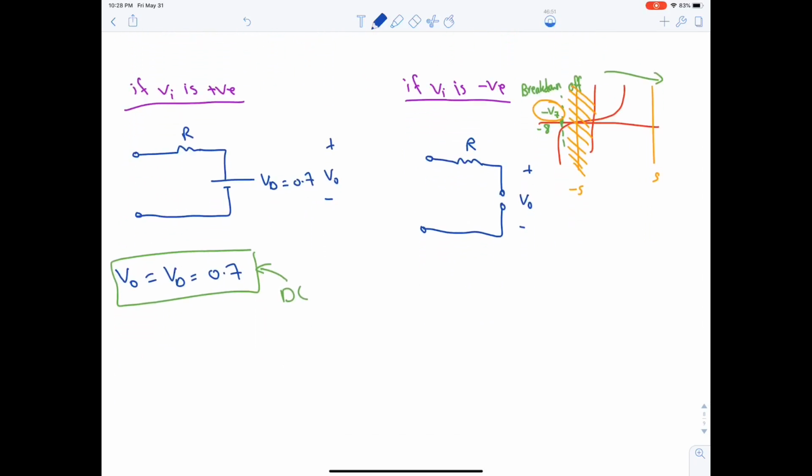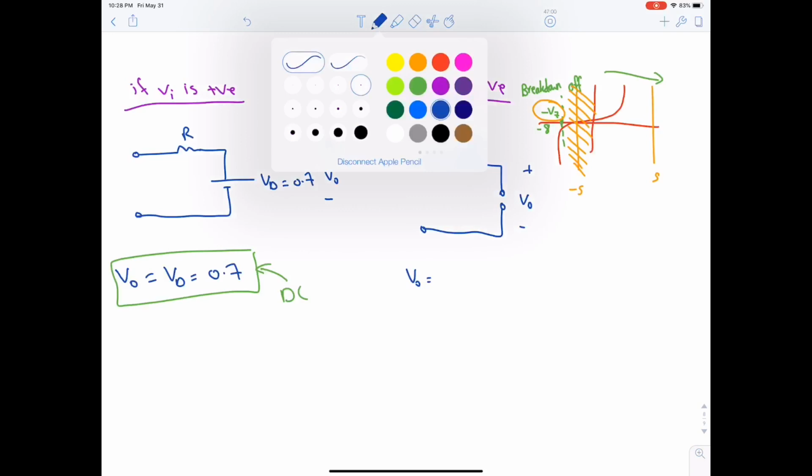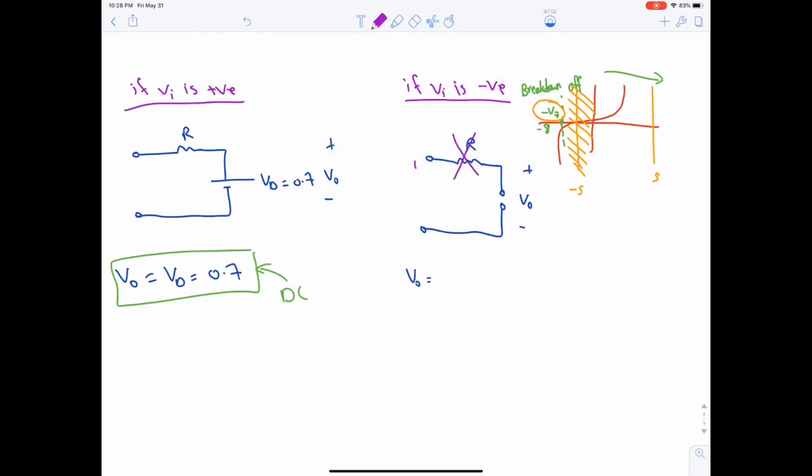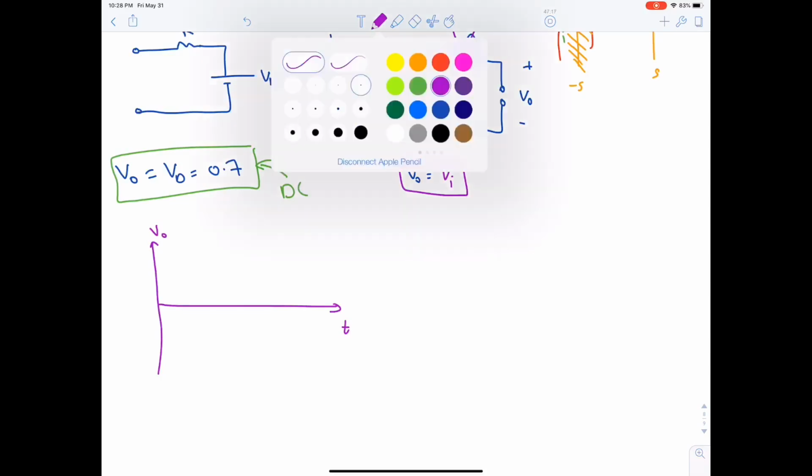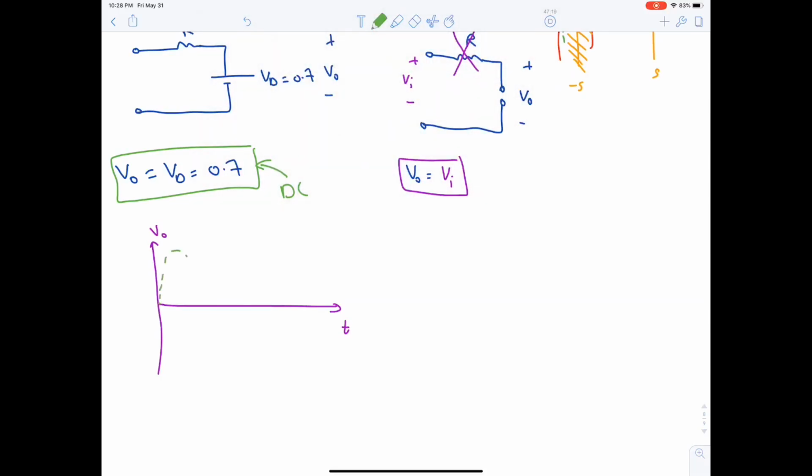So what's V output in this case? V output here is VI, because there's no current, hence the resistance is useless. So V output is equal to VI. Okay. Let's plot the waveform and the transfer characteristic. Here VI is 5 and minus 5.